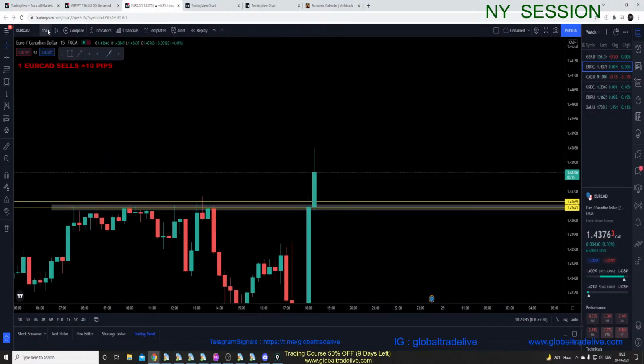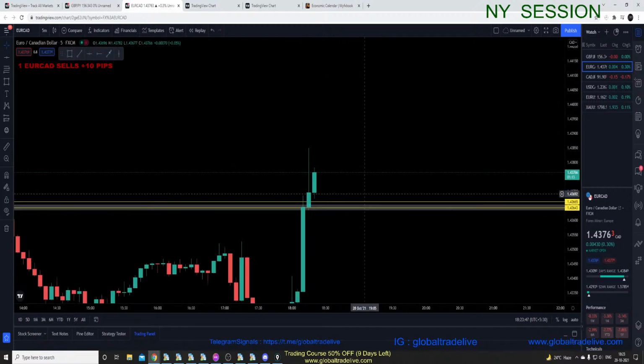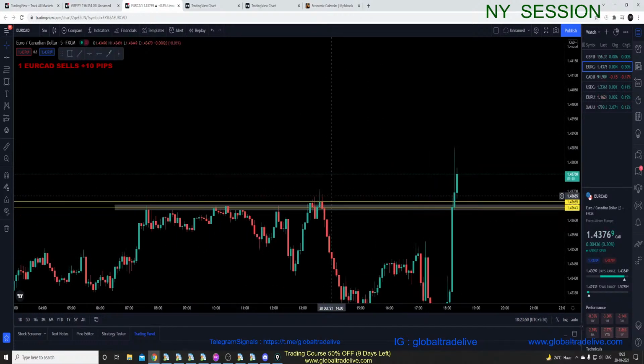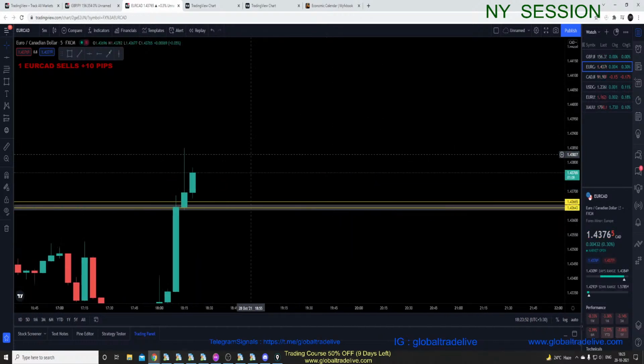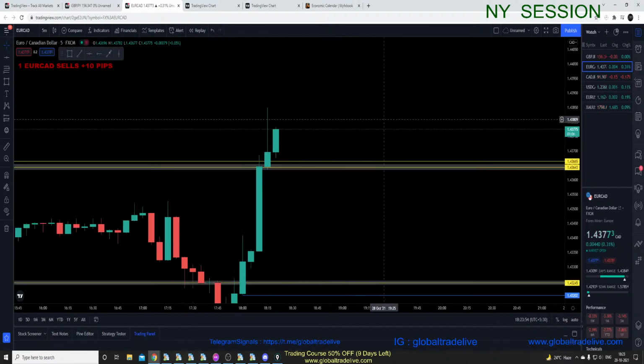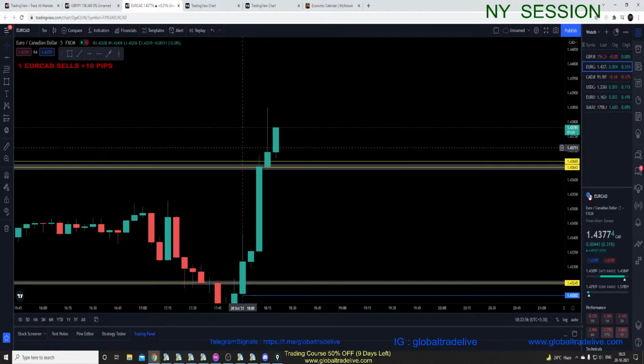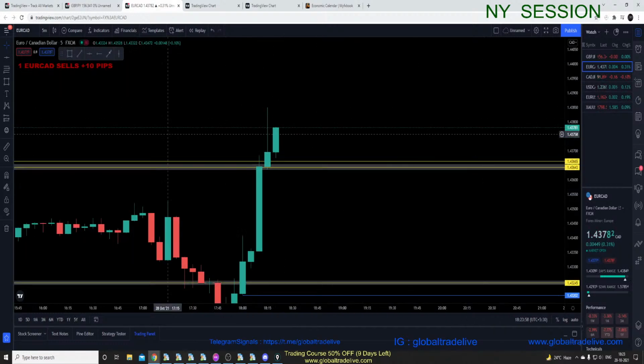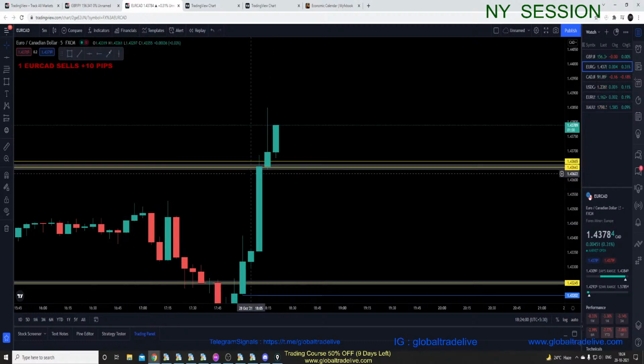Let's see how this 15-minute candle closes, and 5-minute. I want to see a retracement, whether that will be a retracement in 5 minutes or 15 minutes. I need a bearish candle to form and then I can look for the trade.